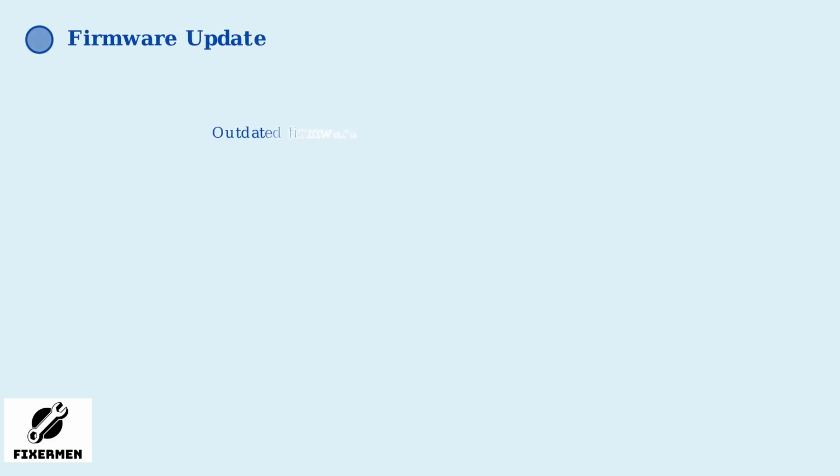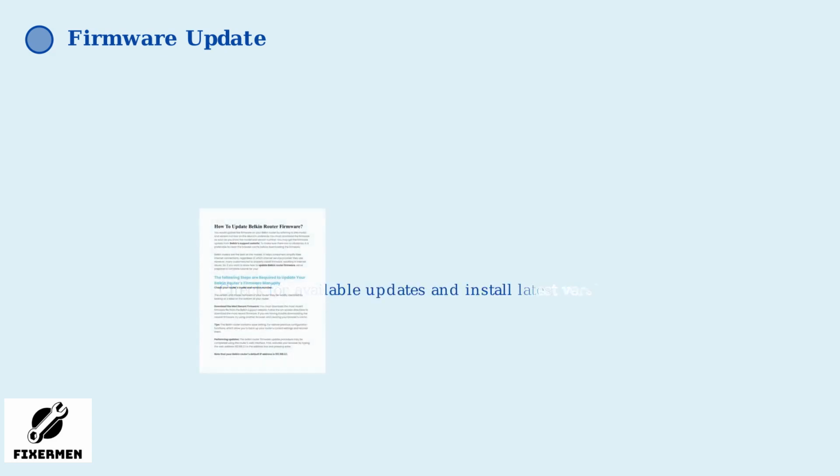Outdated firmware is a common culprit behind gateway offline issues. These software versions can become unstable over time, leading to connectivity problems. To check and update firmware, access your gateway's admin panel at 192.168.1.254. Navigate to the firmware or software update section. Look for available updates and install the latest firmware version.